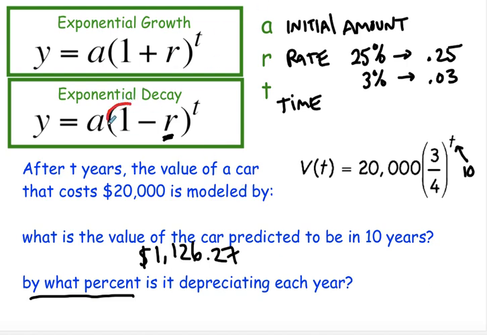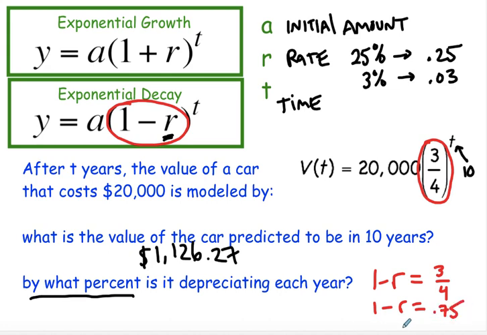Everything in the parentheses matches everything in the parentheses here. So what we have right now is 1 minus R equals 3/4. Or if you prefer a decimal, 1 minus R equals 0.75. So that means that R has to be 0.25. So in this case, it's depreciating at 25%, which is very high.